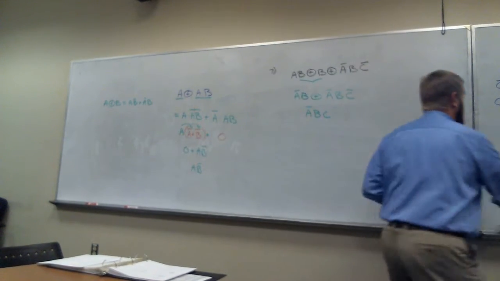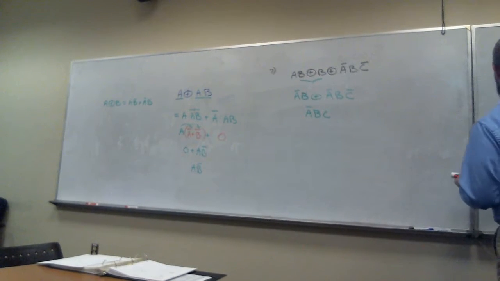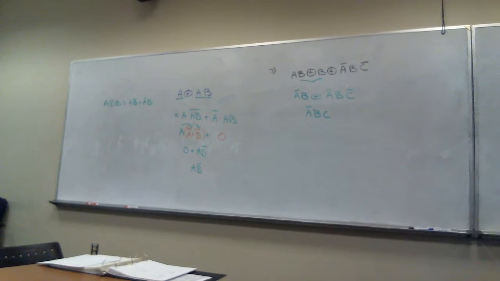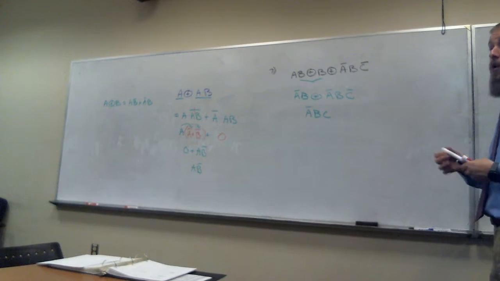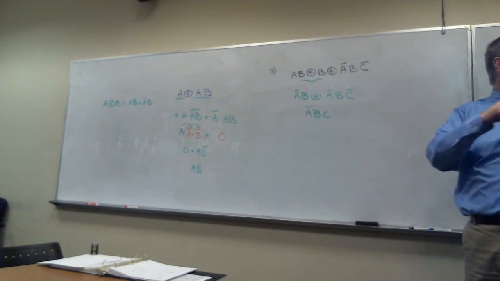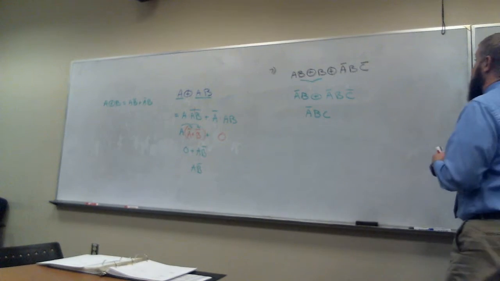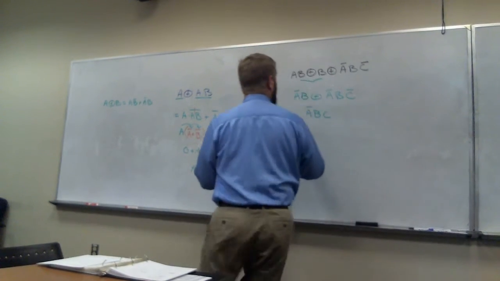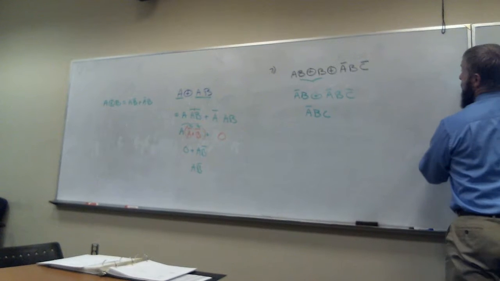Now, suppose you hate memorizing all these rules, or you just missed the fact that you could simplify this down. Going through truth tables into a Karnaugh map should give us the same answer. Let's give it a try. So, truth table first.